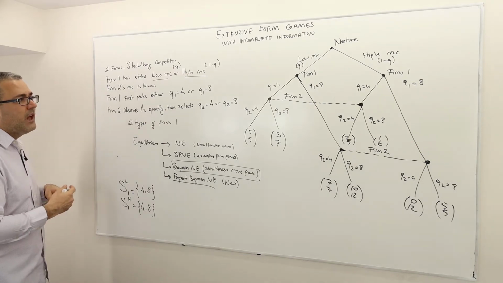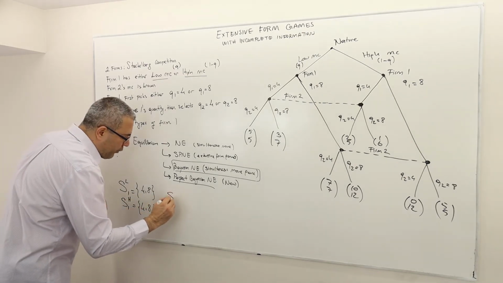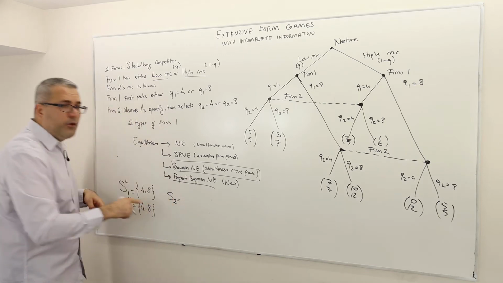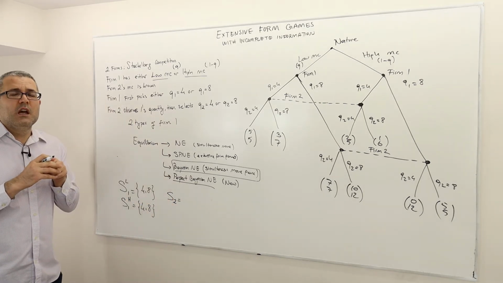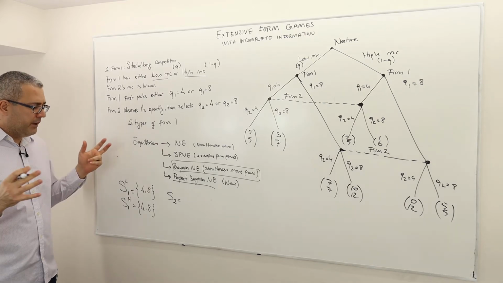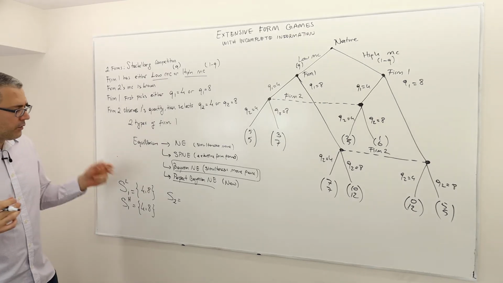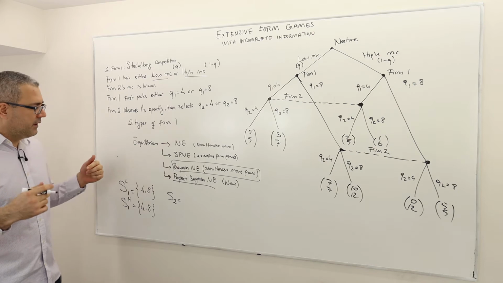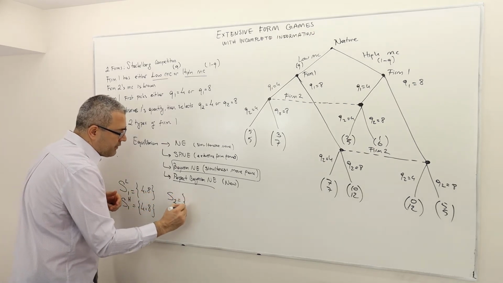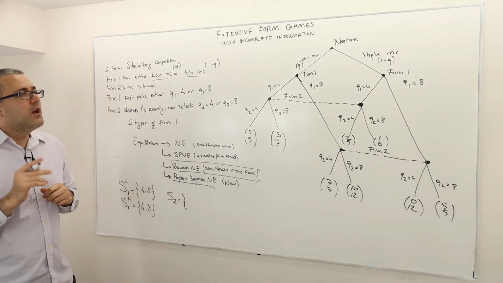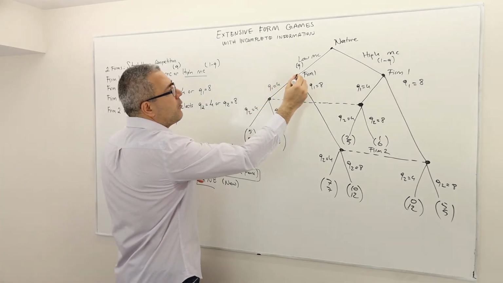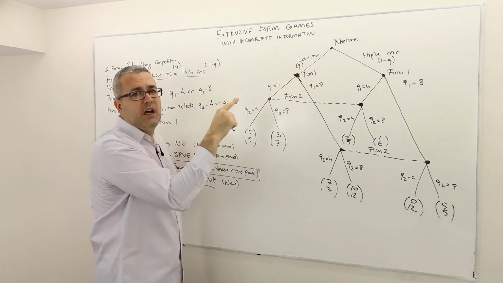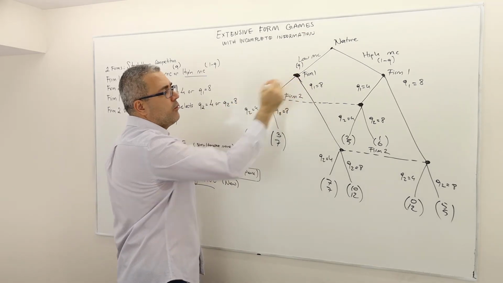Okay? That's it. Well, what about firm 2? Firm 2 doesn't have two types, right? Because its marginal cost is publicly known by everybody, and therefore it has only one type in a sense. Well, what are the strategies for firm 2? Here, don't forget, firm 1 of low type has only one decision node.